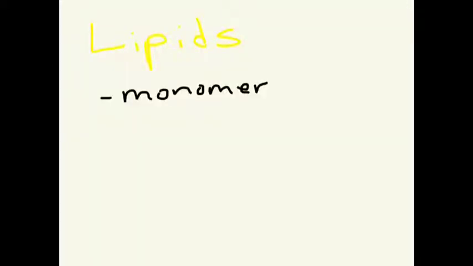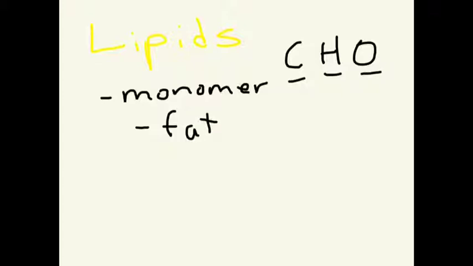So now let's look at lipids. Lipids is another macromolecule that just contains carbon, hydrogen, and oxygen. But it is actually made up of two separate parts. A long chain fatty acid and glycerol.